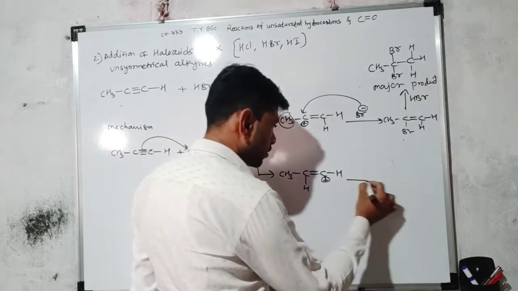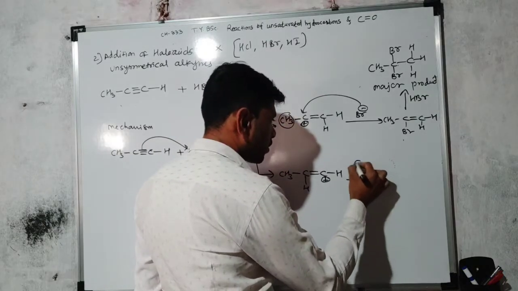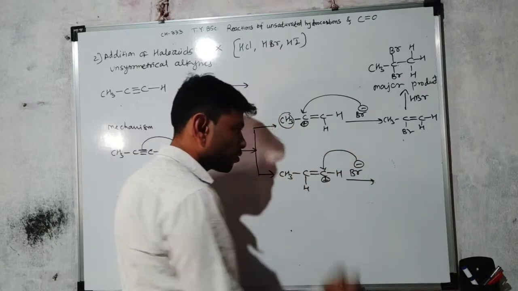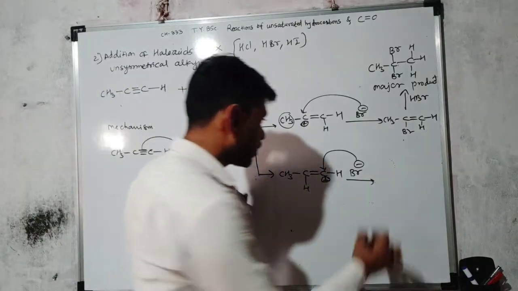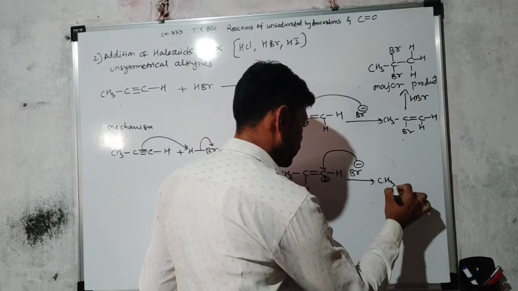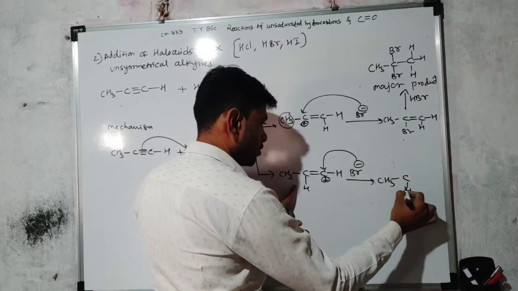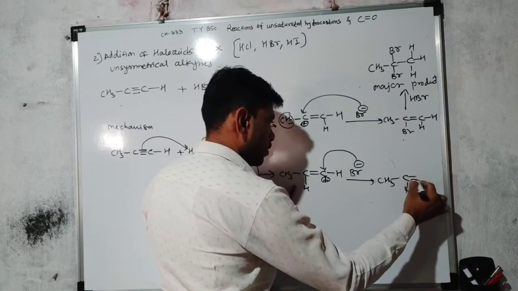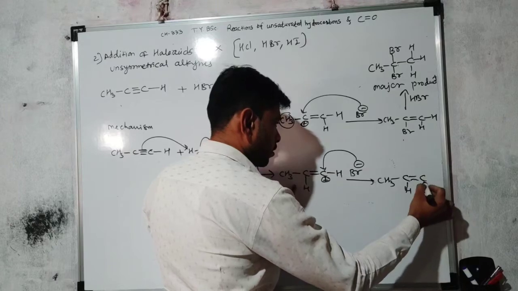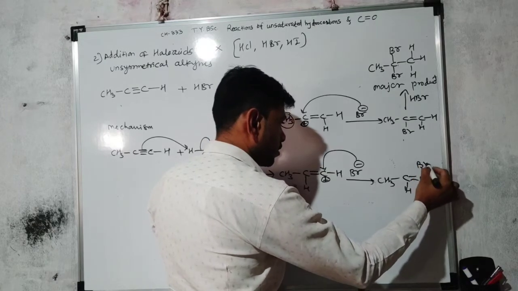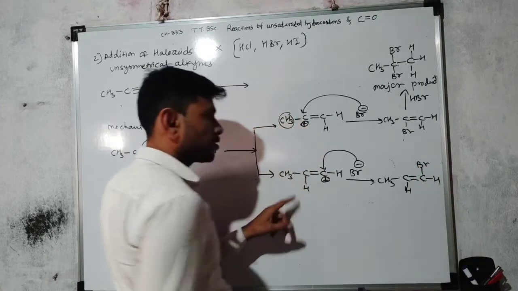In the other case, in the second step this nucleophile attacks here and we get the product CH3 C H double bond C, here is Br, and attached hydrogen.